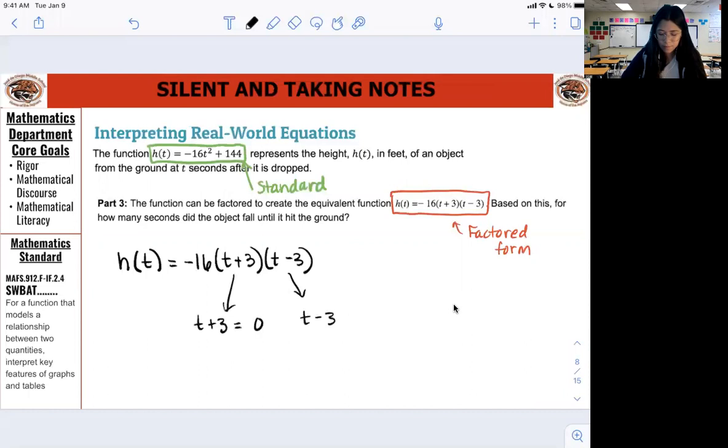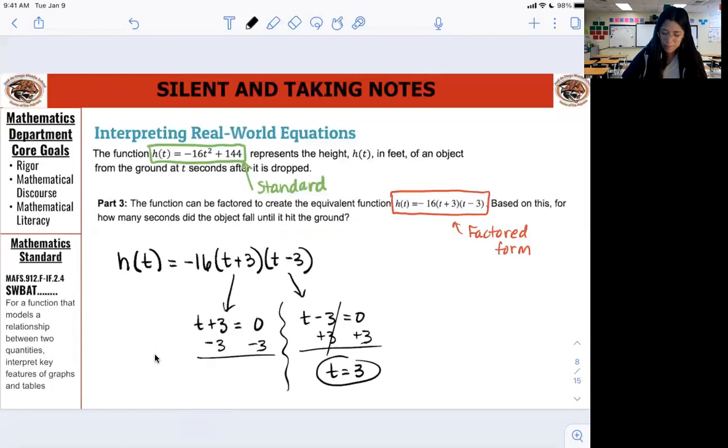So we add 3 on this side, and on this side, oops, I made a mistake. That's okay. On the left side we should subtract 3. So t is negative 3 and positive 3.